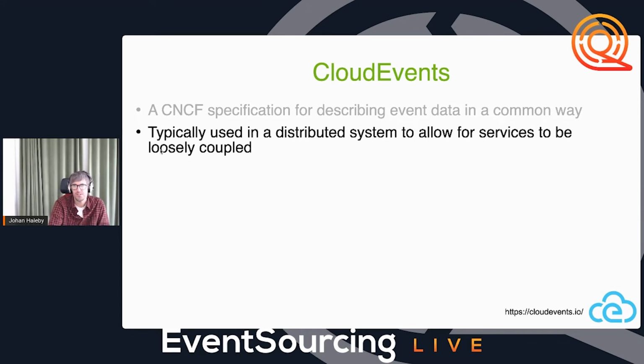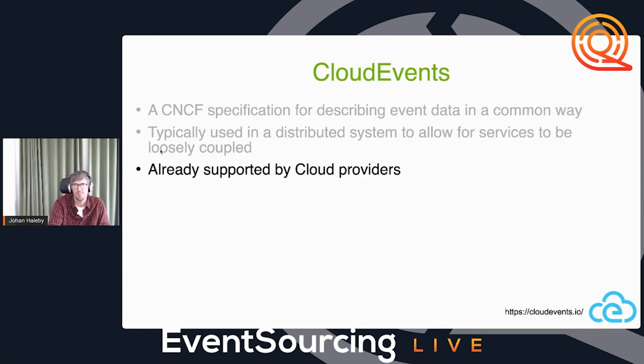So typically they're used in a distributed system to allow for services to be loosely coupled. And they are already supported by several cloud providers that know about CloudEvents natively, and I think this is pretty cool.